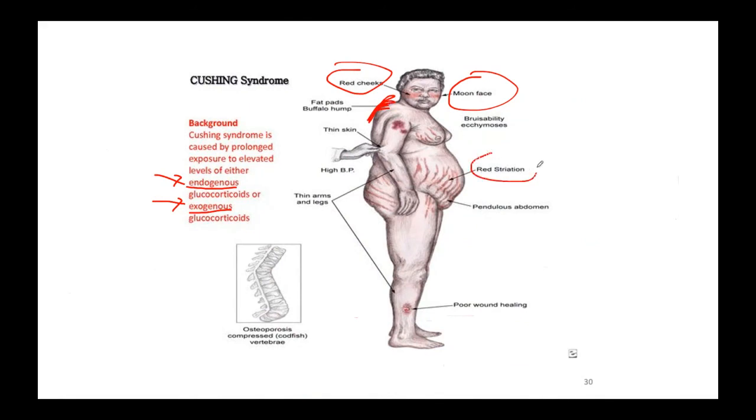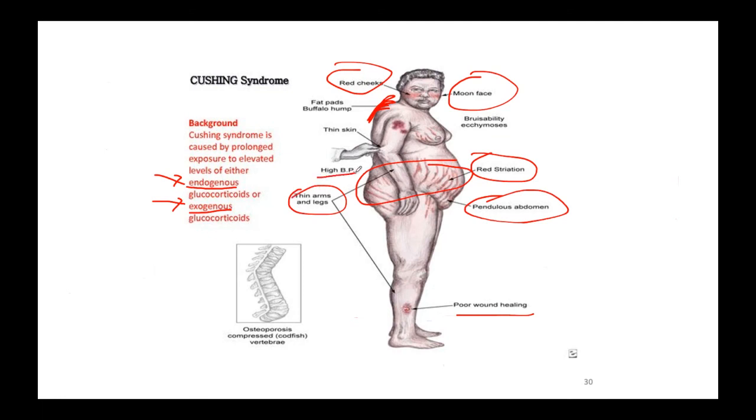You get red striations, like these stretch marks along the umbilicus, around the belly, around the chest. You bruise easily. You get poor wound healing. The belly is pendulous, so there's a large, puffy belly, but the legs and the arms tend to be a little bit thinner in relationship.